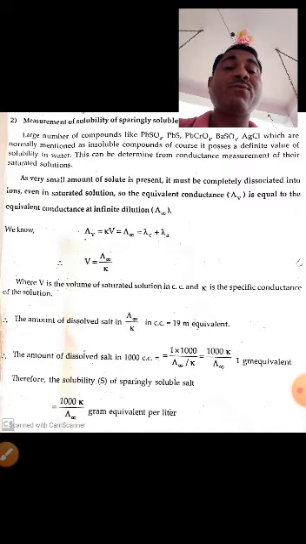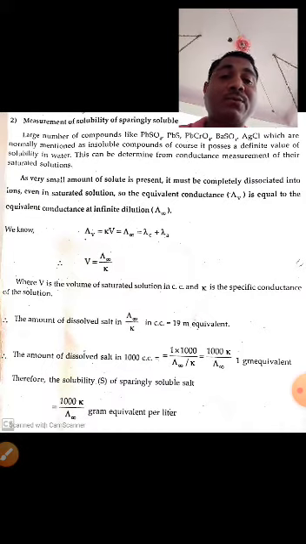If we find out the conductance of such a solution, then we can calculate the solubility of such a compound. As a very small amount of solute is present, it must be completely dissociated into ions, even in a saturated solution.